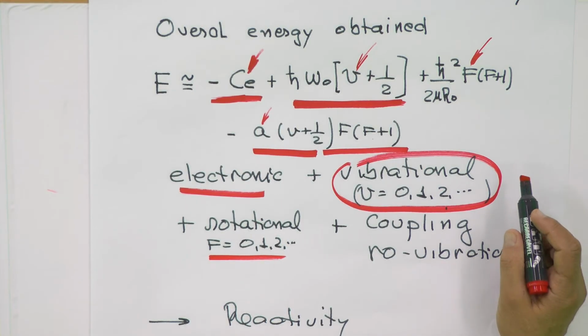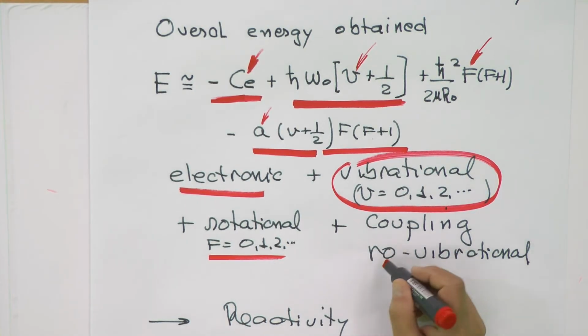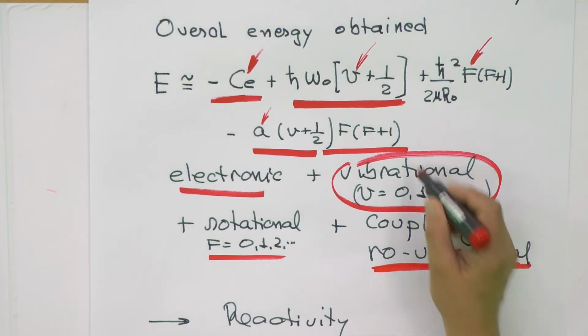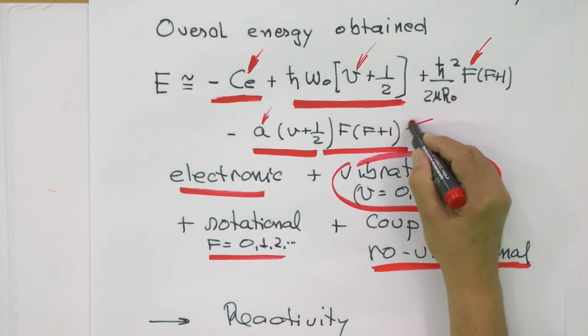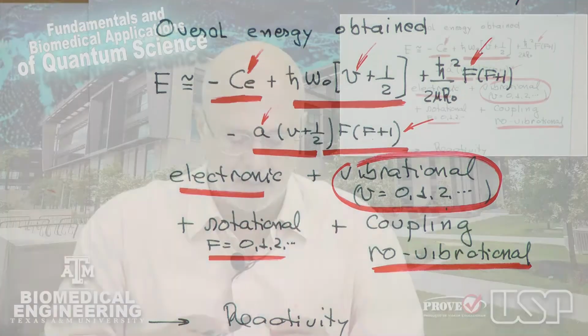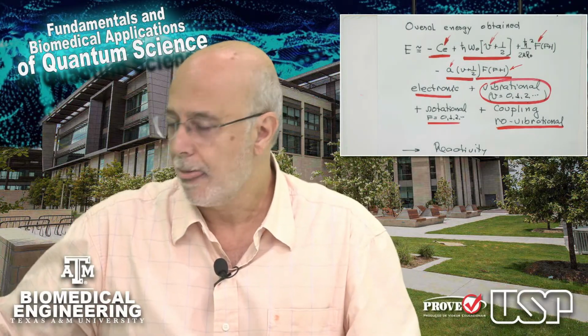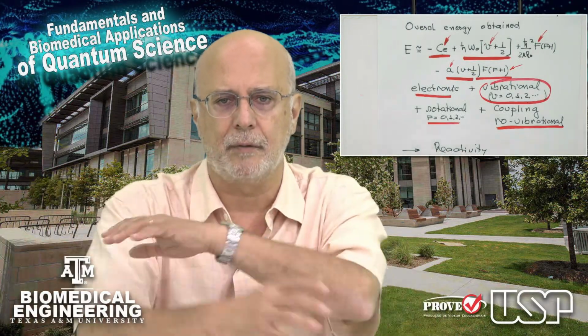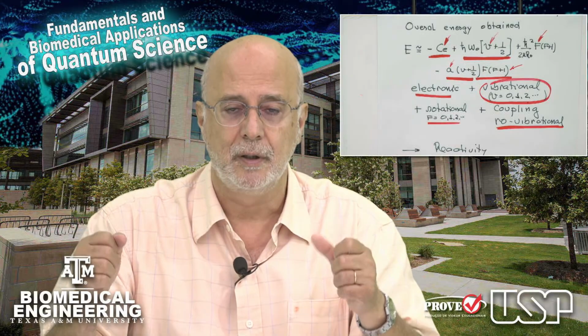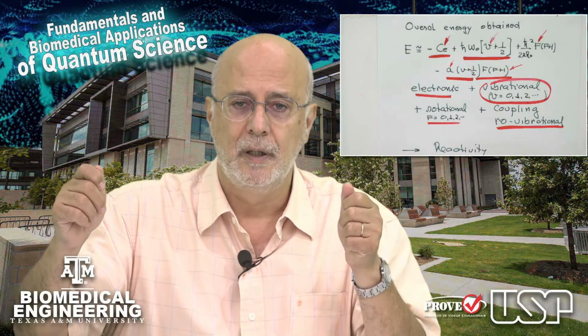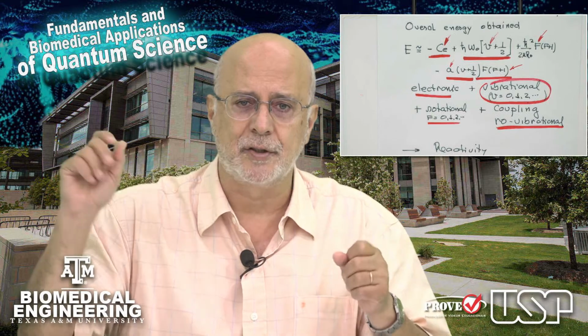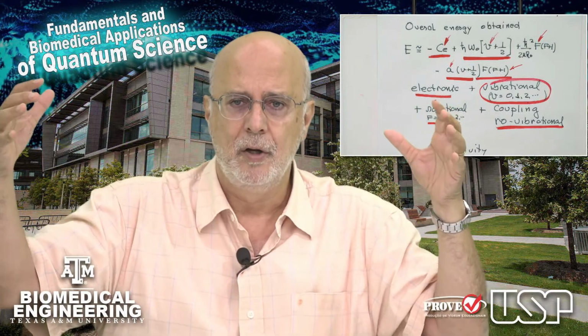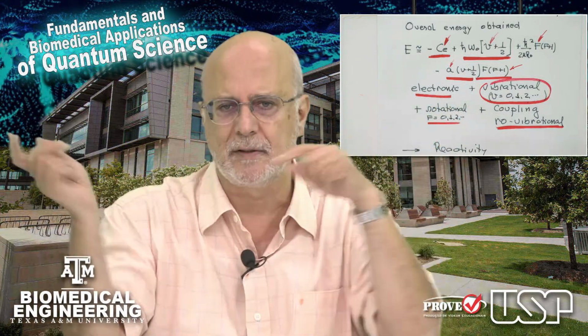And now we also have what we call the coupling of rotational and vibrational, which is this term here of the energy, because there is an interaction between the vibration and the rotation of the molecule, as you can imagine. If you take a spring with two masses and start to rotate it, you're going to see that the vibration depends on the state of rotation. It's basically what's going on here.